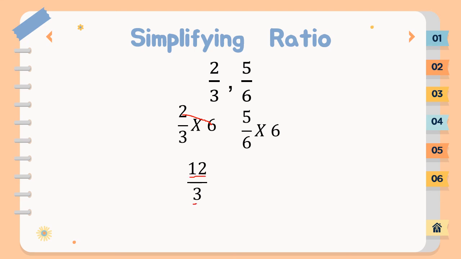Then copy the denominator. Next, 5 times 6 is 30. Then copy the denominator, which is 6. So 12 divided by 3 is 4, and 30 divided by 6 is 5. Therefore, the answer is 4:5.